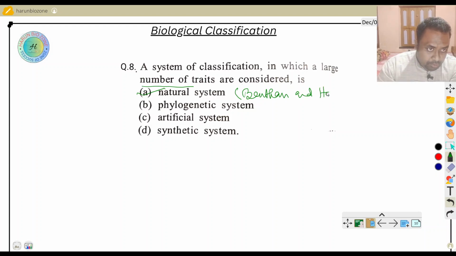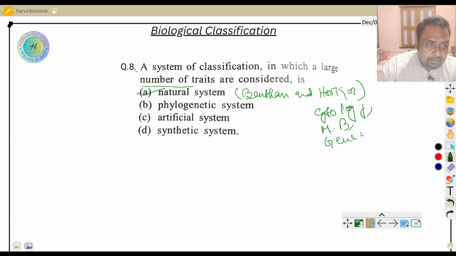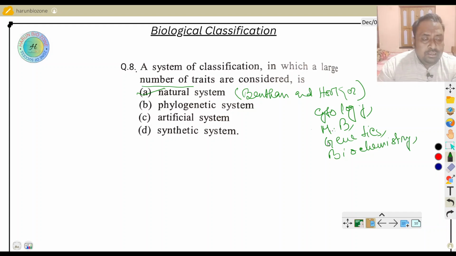Here all types of morphological characters like cytology, molecular biology, genetics, biochemistry, etc. All types of characters are taken here. This is called a large number of traits.